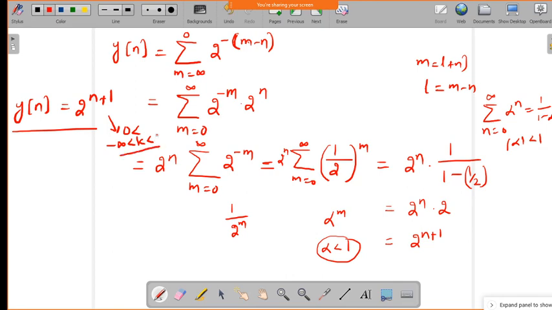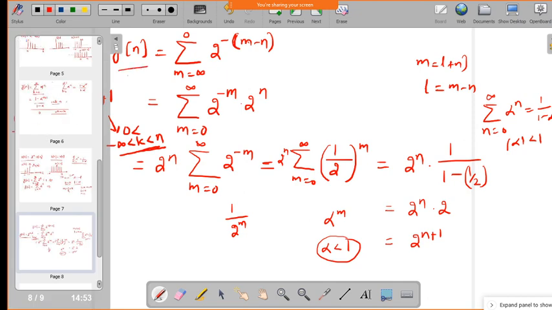So this is the resultant convolution sum for x of n equal to 2 power n into u of minus n, and h of n equal to u of n.